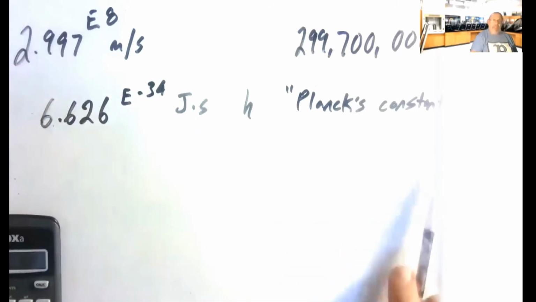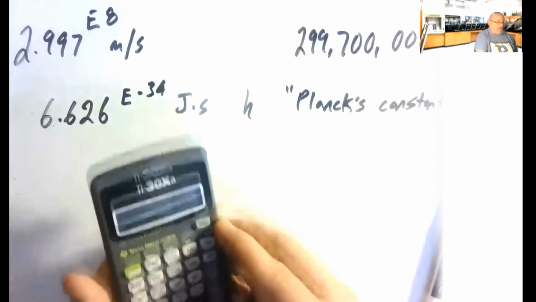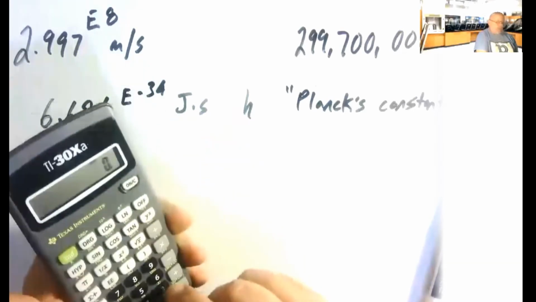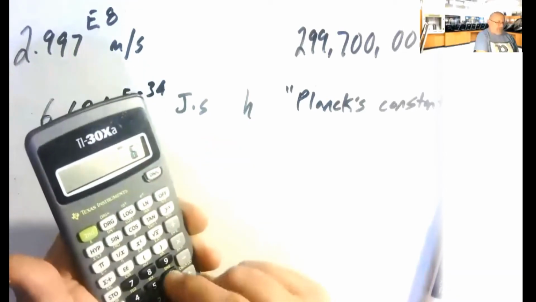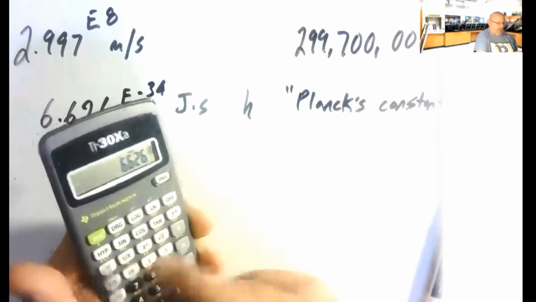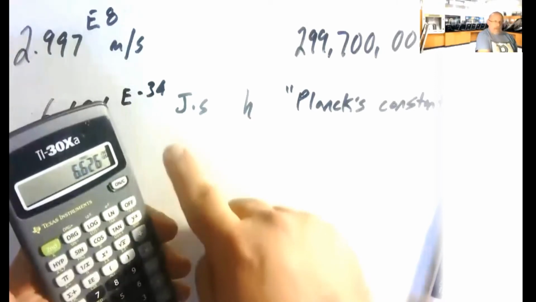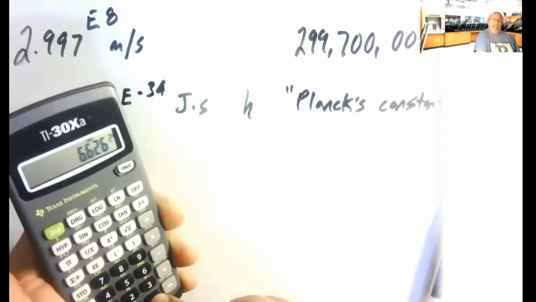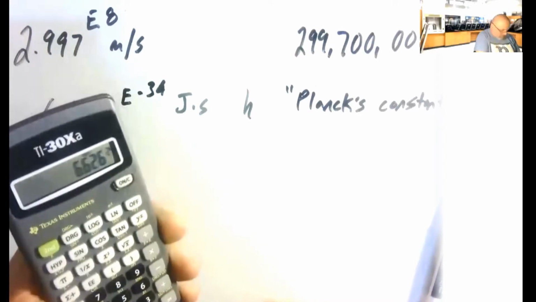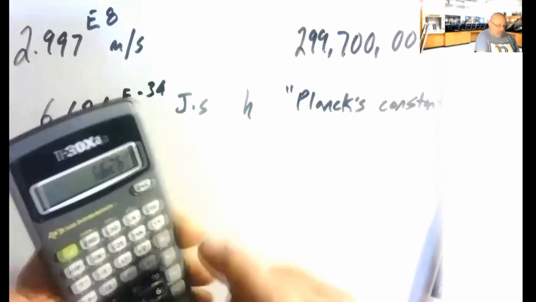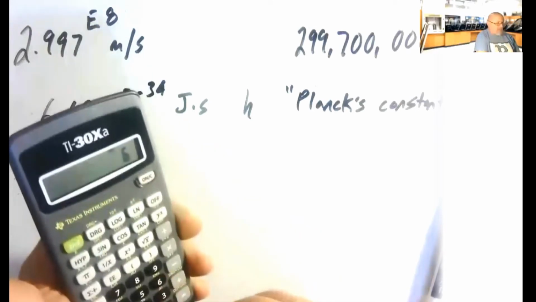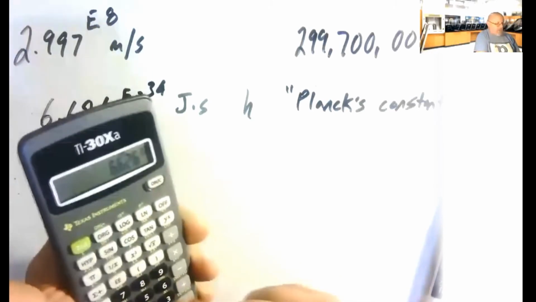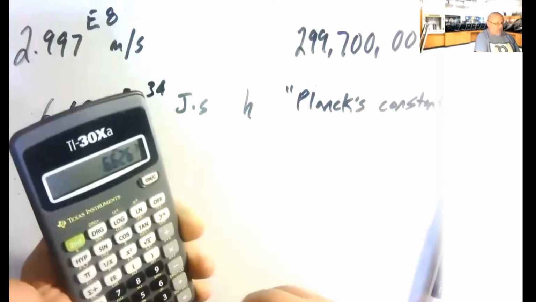How do I handle that? Well, I'll go 6.626 E. Now I'm going to put in the negative power, 34, plus minus key, and we get the number. Except I entered the wrong number. 6.626 E, 34, plus minus key.